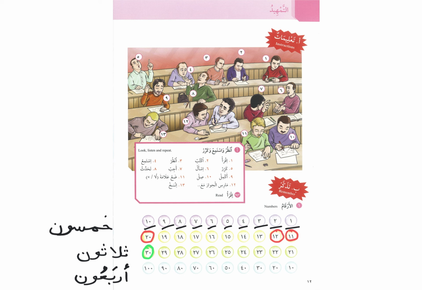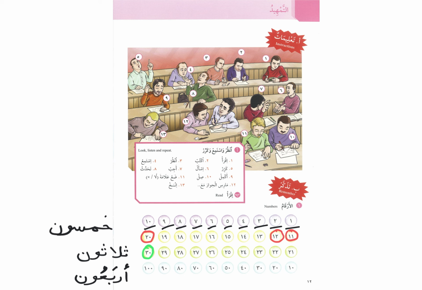So واحد وأربعون would be 41, اثنان وأربعون, ثلاثة وأربعون, and then 51 would be واحد وخمسون, اثنان وخمسون, ثلاثة وخمسون. 61 would be واحد وستون, اثنان وستون, ثلاثة وستون, and all the way to the end, right? And that's it. That's the numbers 1 to 100 done, and 100 is mi'ah.